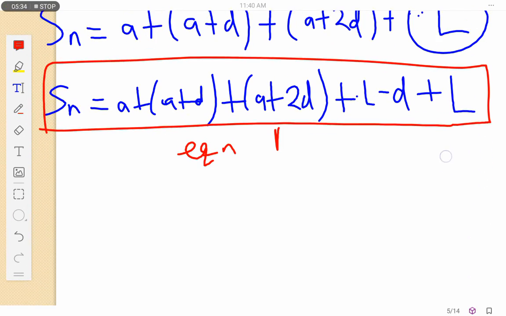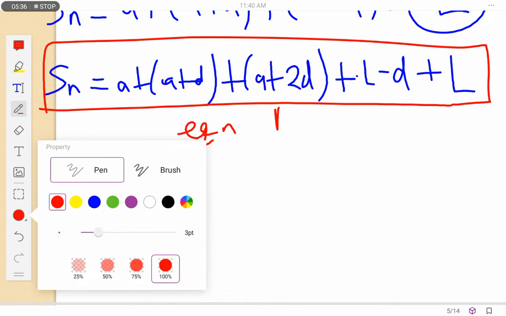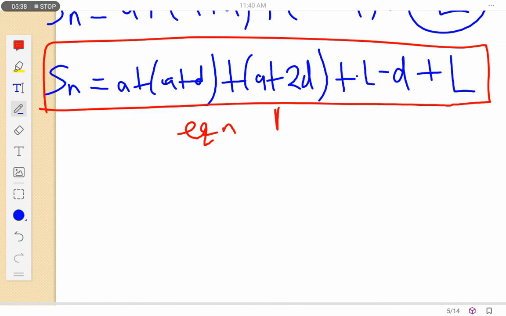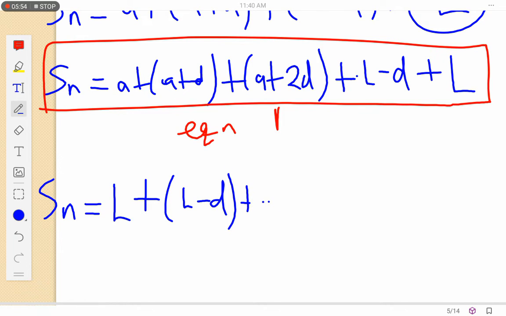With our equation number 1, I can write the reverse of it as equation number 2. So the sum in reverse is L, plus L minus D, plus dot dot dot, plus A plus D, plus A. I left out this one deliberately.